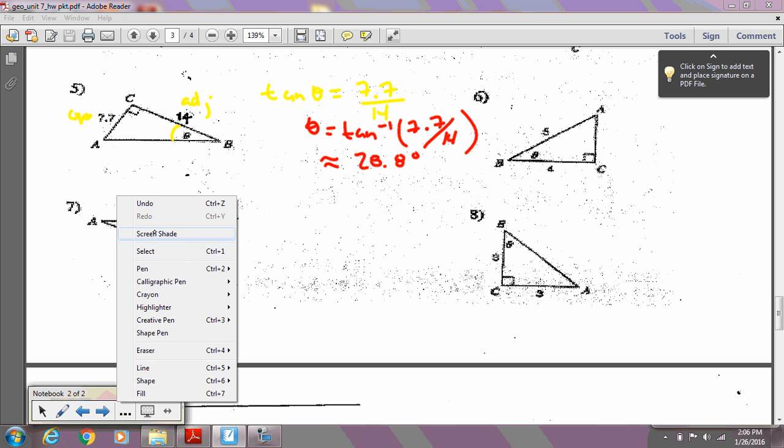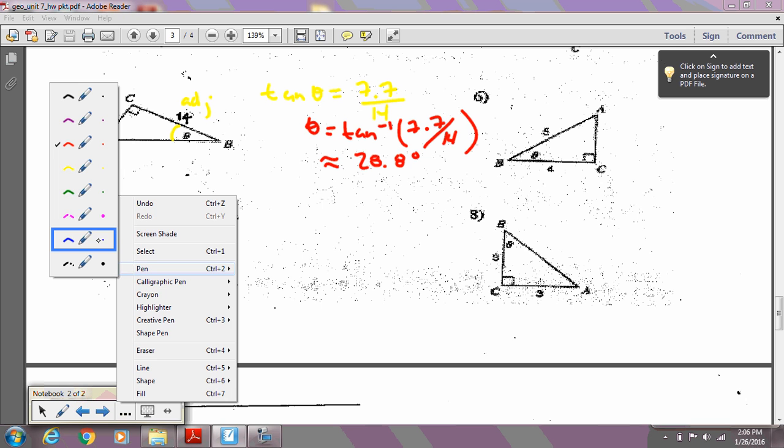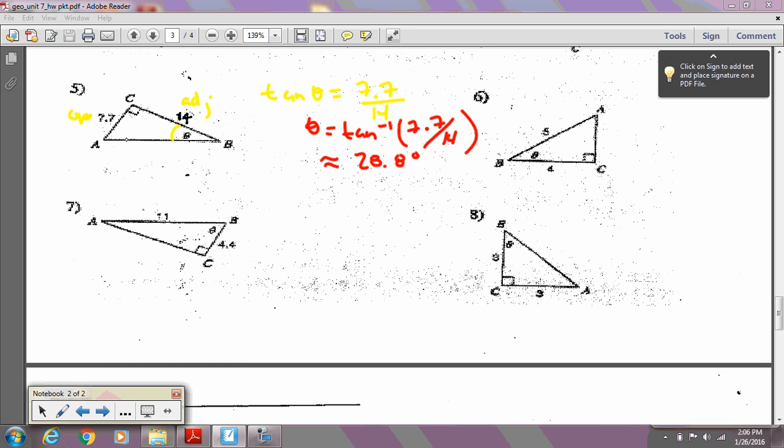And number 7. Here's theta in the corner. You have the adjacent side and the hypotenuse. So we again have cosine of theta is equal to adjacent 4.4 over hypotenuse, which I believe is 11.